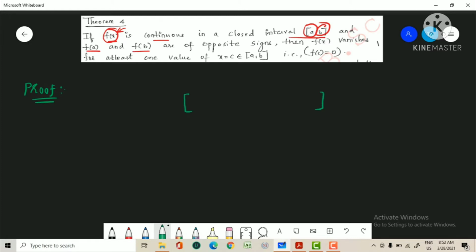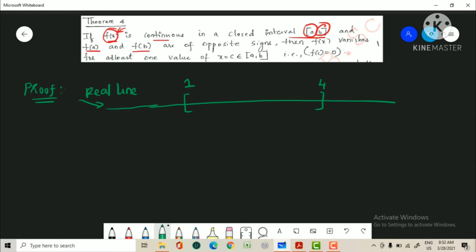I am taking an interval. So this is your real line. Okay, consider an interval as 1 and 4. Logically we can understand now. This 1 and 4 is on the real line.